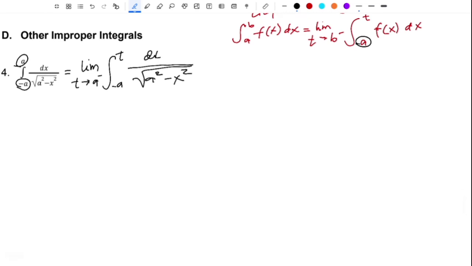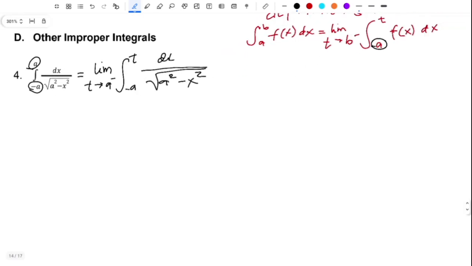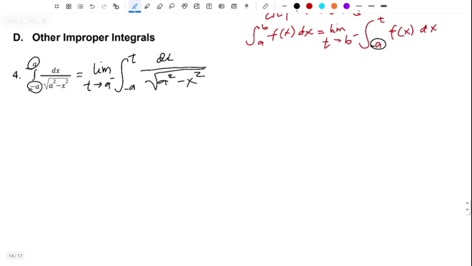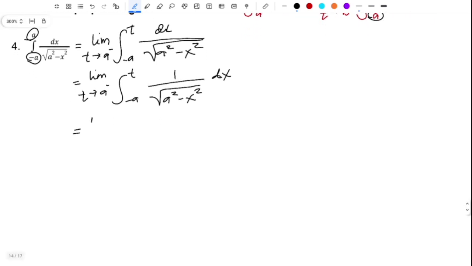Now that we established our starting point, let's start to solve this by integrating. Let's first rewrite it for an easier way of solving. We have the integral from negative a to t of 1 over the square root of a squared minus x squared dx. And now here comes the tricky part.